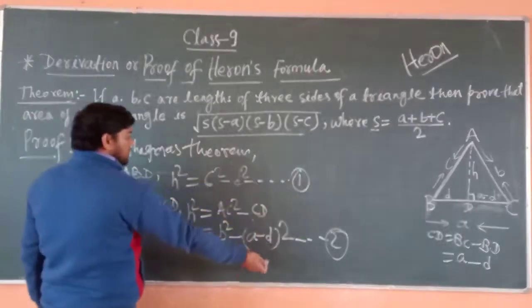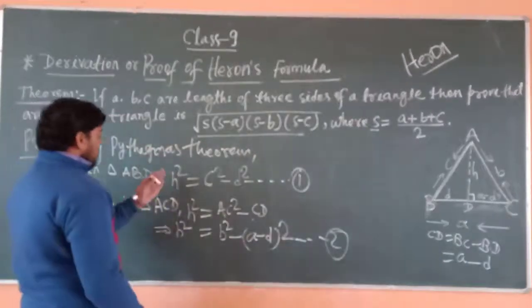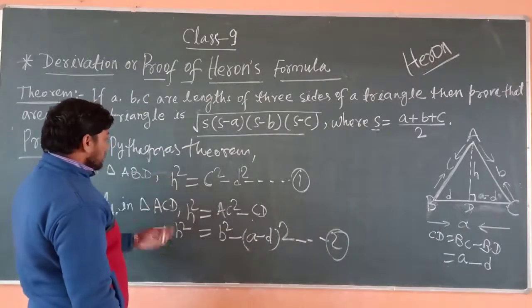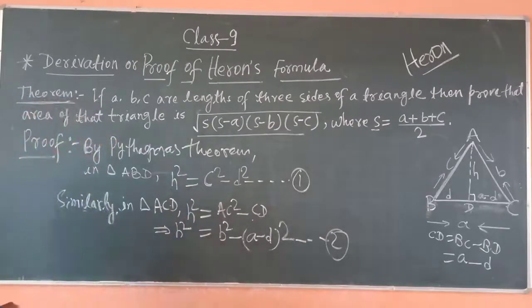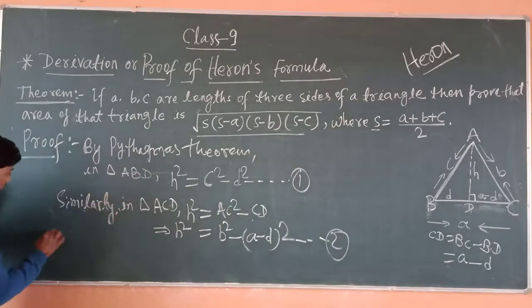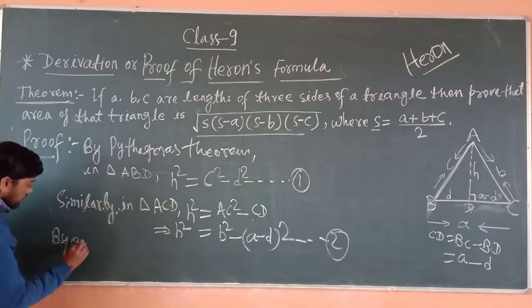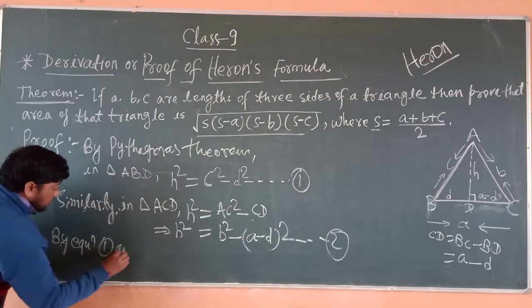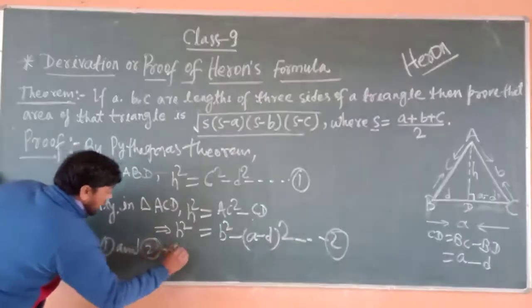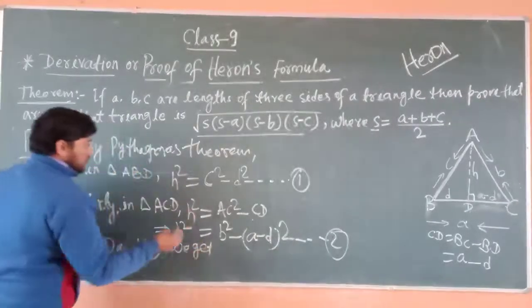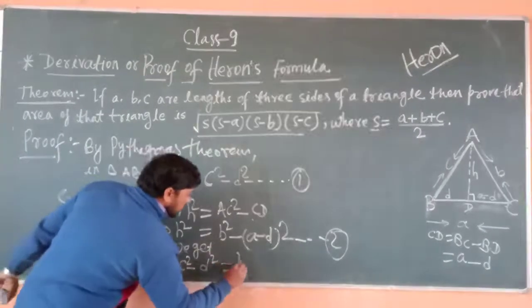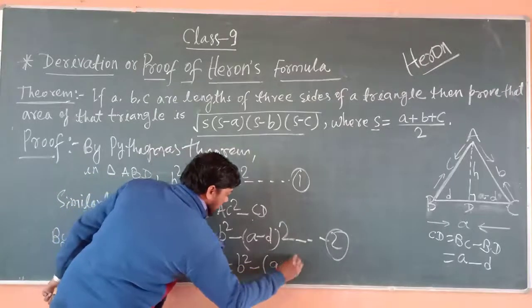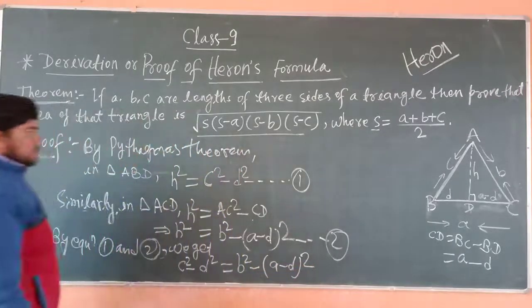In both equations, LHS parts are equal, H square. So RHS parts will be also equal. By equation 1 and 2, we get C square minus D square is equal to B square minus A minus D to the whole square.